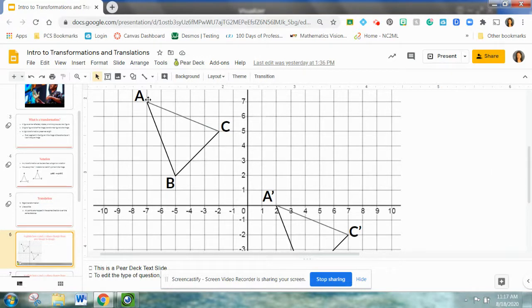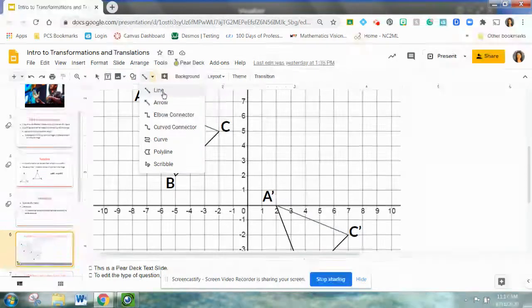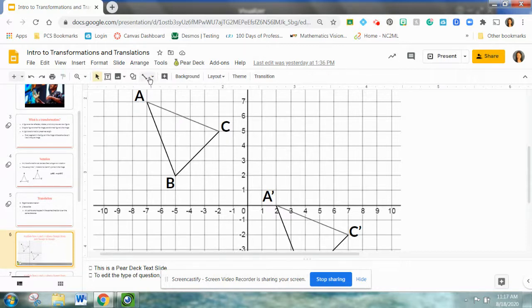So if I'm starting at A, I need to change my direction to get to A prime. So I'm moving my picture to the right and down. So I'm going to use a line to show this, if my computer agrees with me.